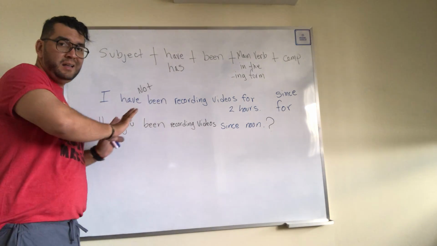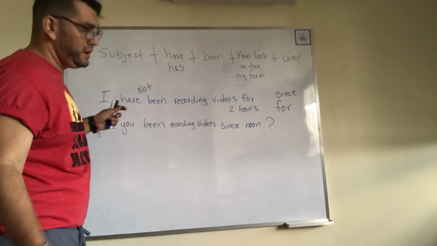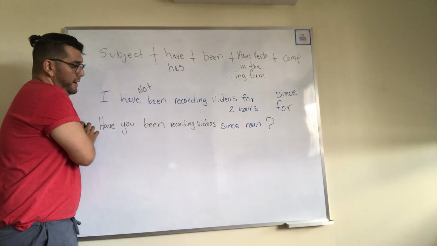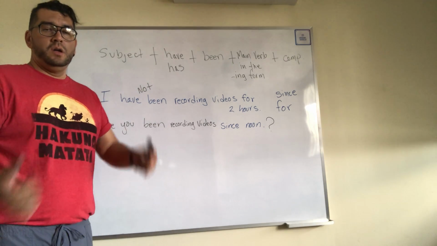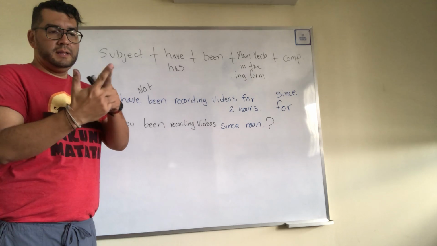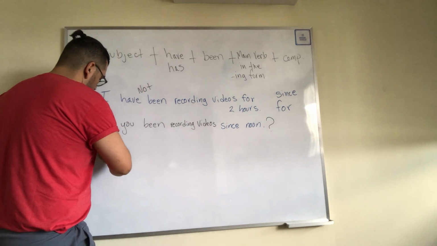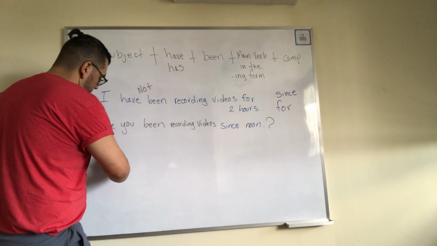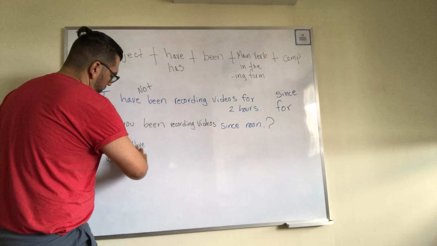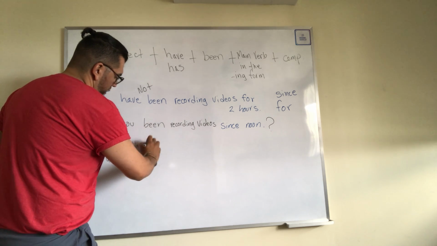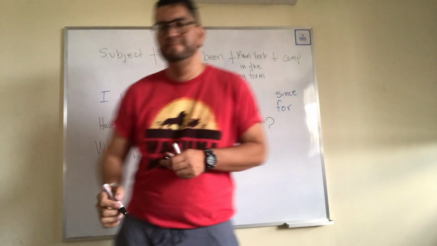And then I need the same order as the yes/no question. WH word, the auxiliary have or has, I'm going to write it down. So it's going to be WH word plus have or has plus subject plus what else?